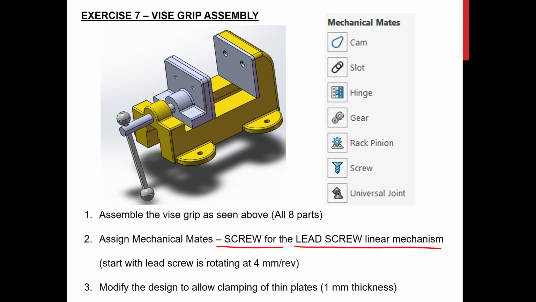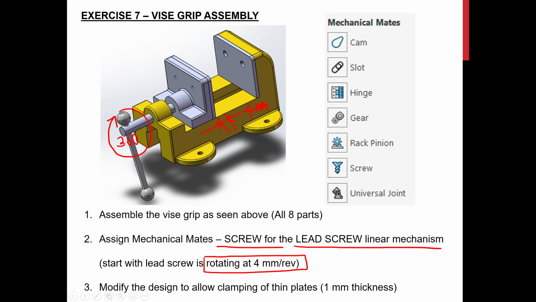We are going to assign it to travel at 4 millimeter per revolution. So meaning if you rotate the handle for 360 degrees, you are going to get a travel of 4 millimeter. So this is the first portion of it.